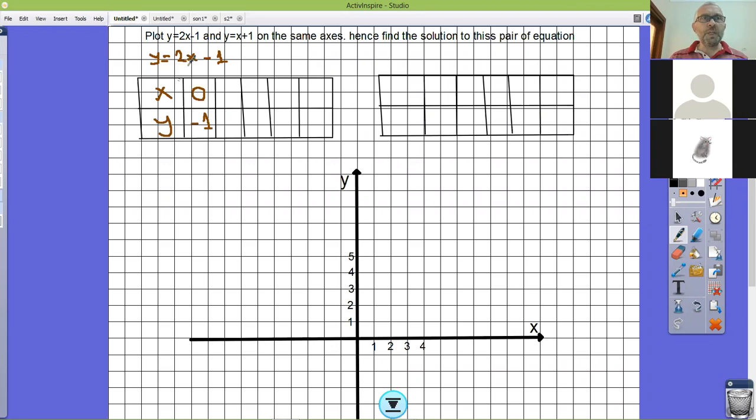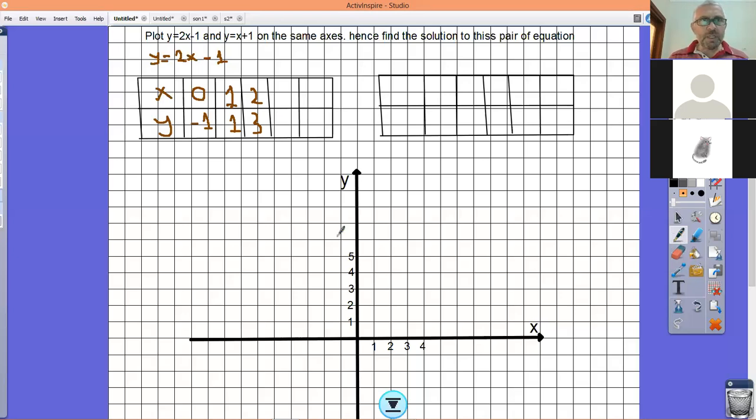If instead of x we put 1, it will be what? 2 multiplied by 1 is 2, minus 1 is plus 1. If I put 2 instead of x, it will be 2 multiplied by 2, 4 minus 1, it will be 3. Now I have the points and I can place my line here.